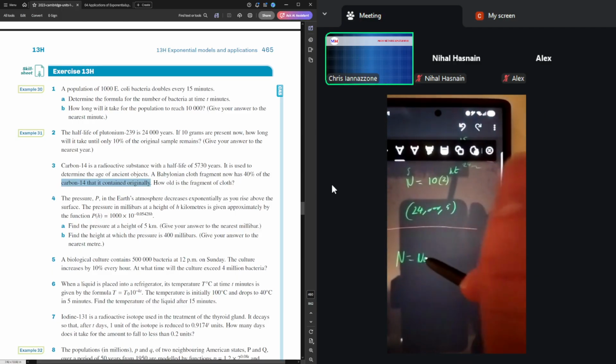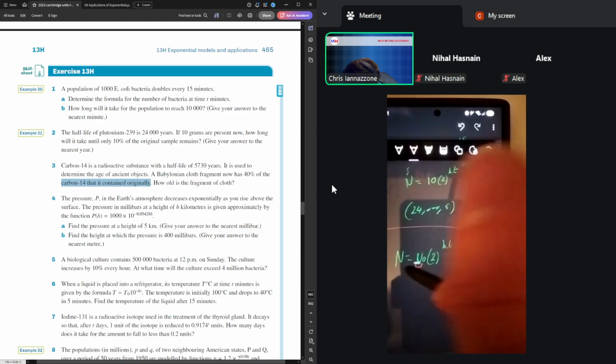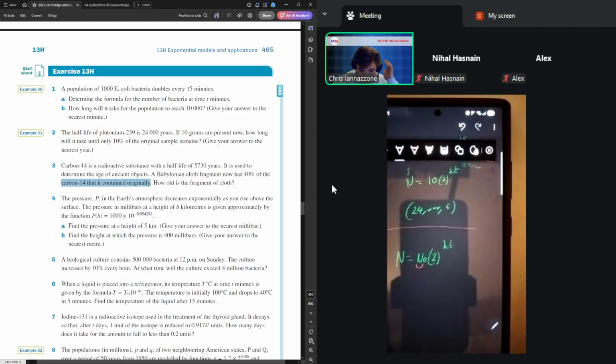N equals N0 times 2 to the power of KT. But what are we going to do about the fact that we don't have access to a numerical N0? Well, we can still work on it based off of the fact that we have the percentages, because it's 40% of what it contained originally.